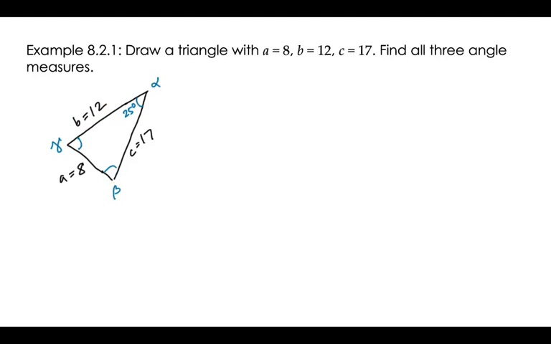If I want to solve for angle beta, I need to make sure that side length B is by itself over on the left.